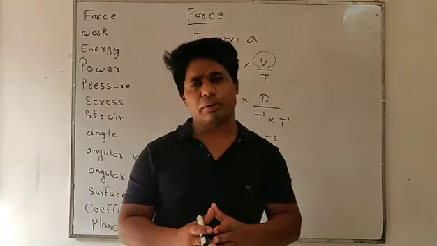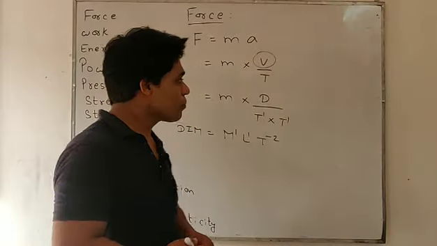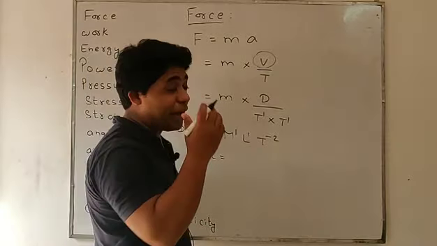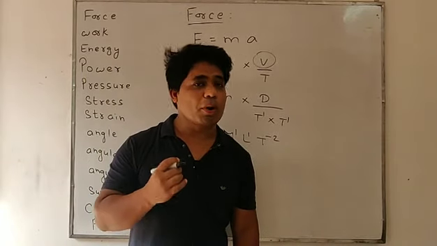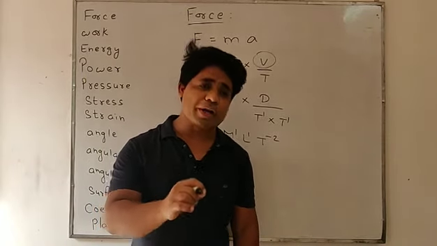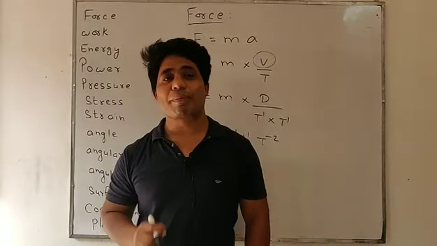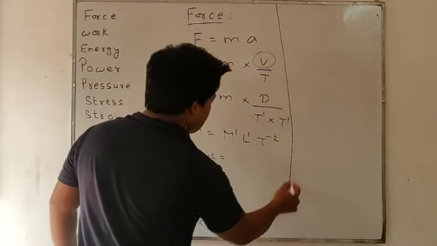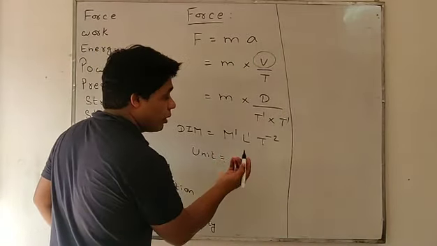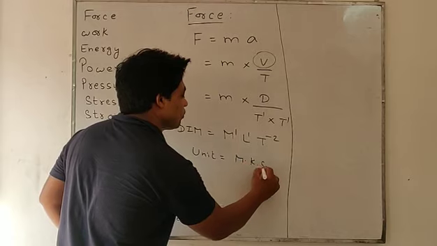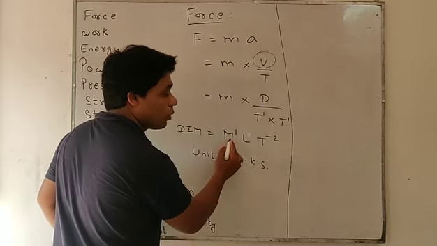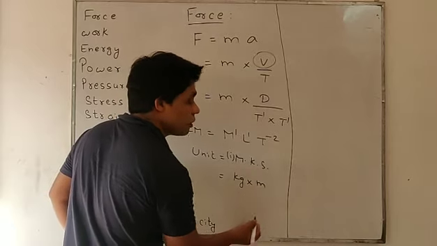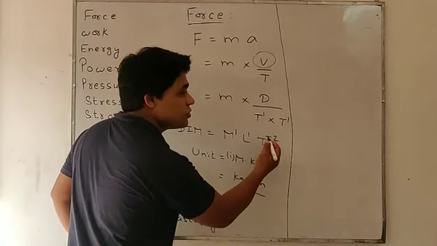Now its unit, that is the important part. So see the unit. Actually we always use the MKS system. But force is an important physical quantity, so I'm going to find its unit in the MKS system as well as in the CGS system. First, in the MKS system: for mass we use kilogram, for length we use meter, and for time second.